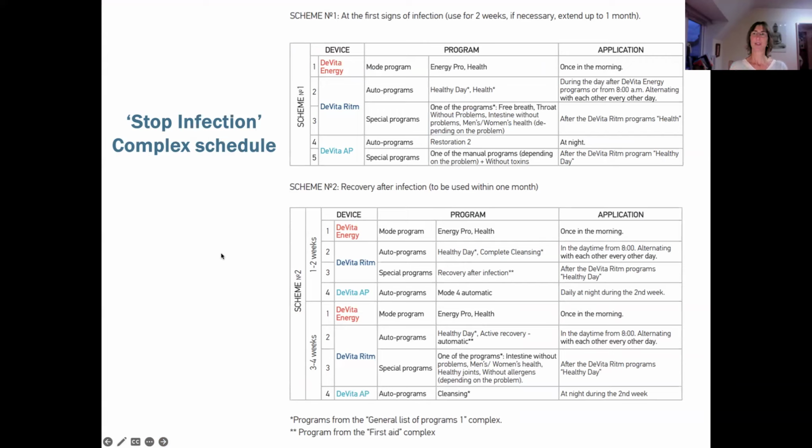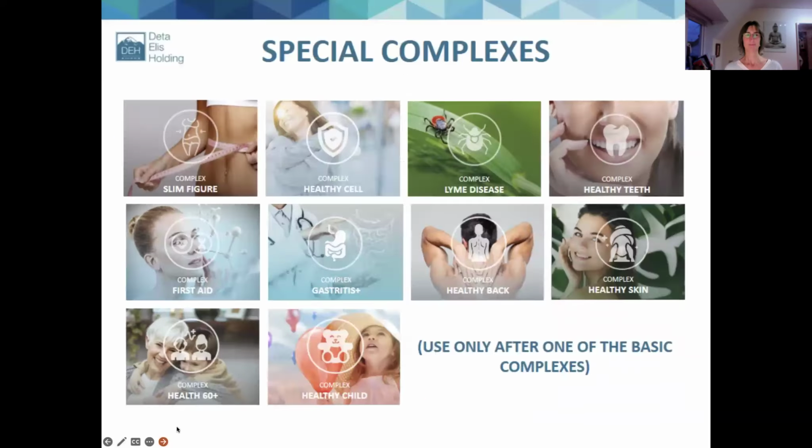So this isn't a 4-month protocol, because this is something you can use to stop infections. So at the first sign of an infection, or if you're recovering from an infection. So these can be incredibly useful. And again, the idea is the same. They tell you which devices, which programs, and when to use them.